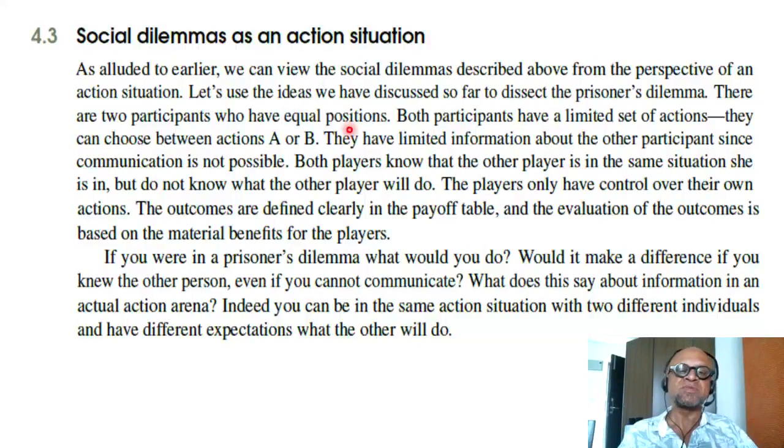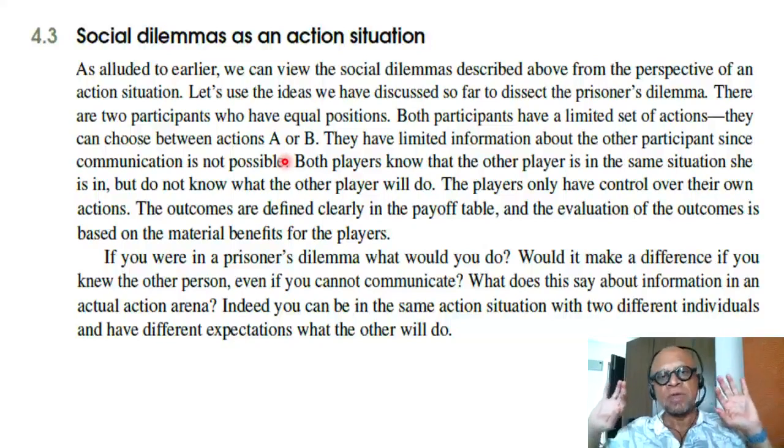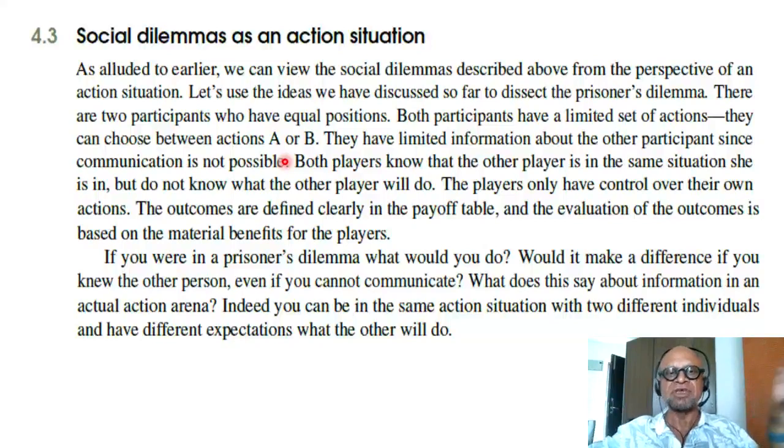There are 2 participants who have equal positions. Both participants have a limited set of actions. They can choose between actions A or B. They have limited information about the other participant, since communication is not possible. This is very common during interrogation, where 2 people who are caught are separated and each one is being fed misinformation.